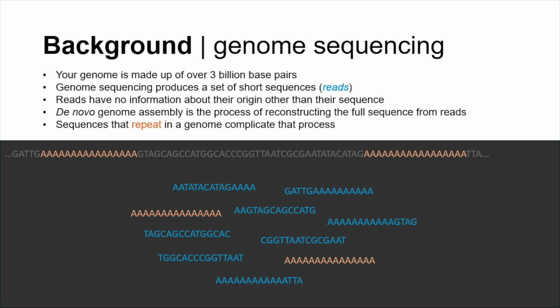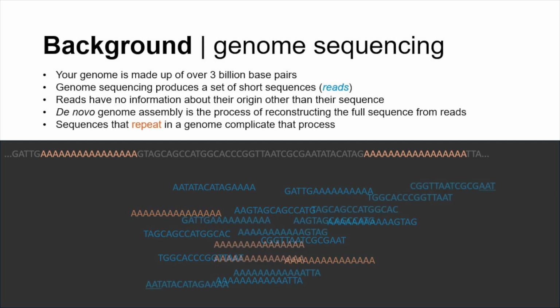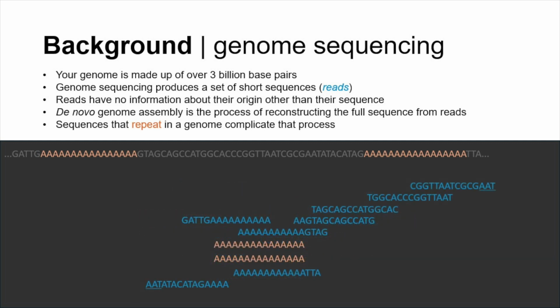So for example, here we have these strings of A's, and if I was to assemble them back together, I would put the A's together into one common sequence. And I could align sequences that came from this beginning over here, and then they tile off in this direction, recreating that central sequence.